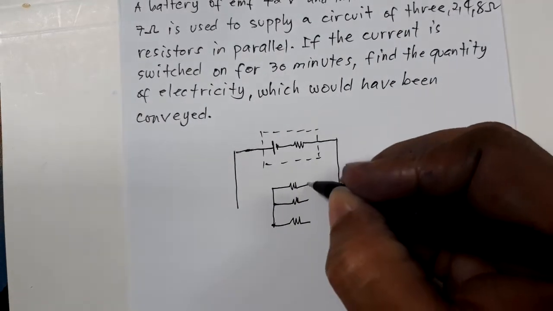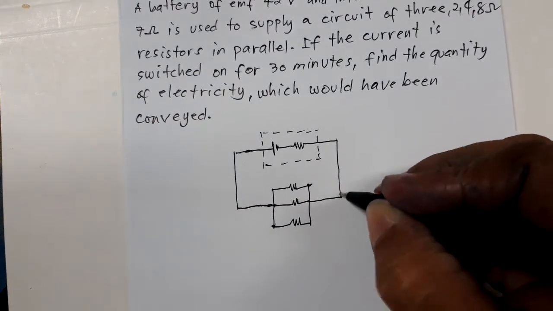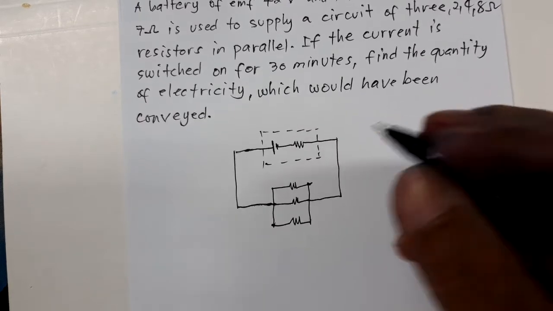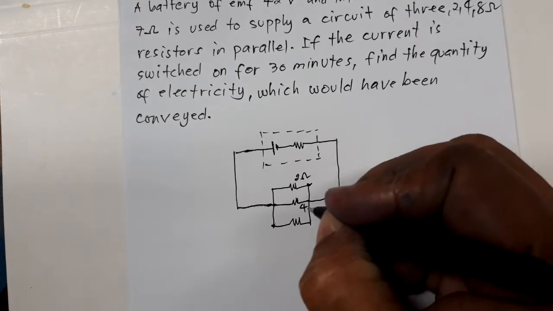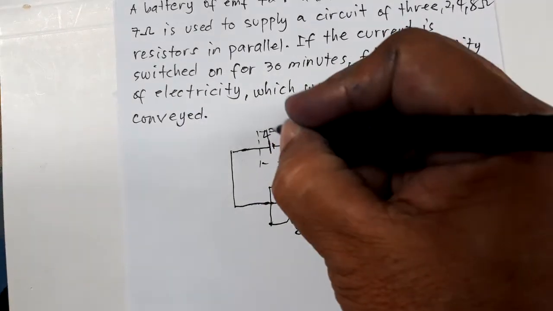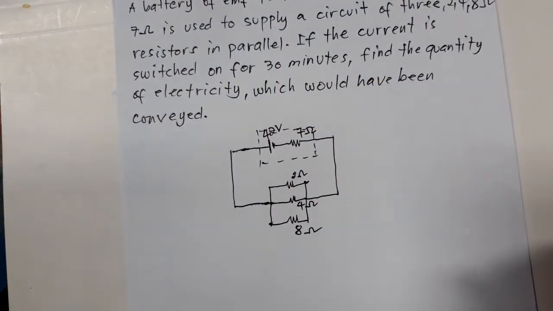So this is a parallel. This is 2 ohms, this is 4 ohms, and this is 8 ohms. So this is 42 volts and 7 ohms internal resistance.